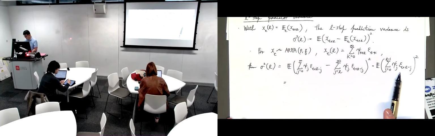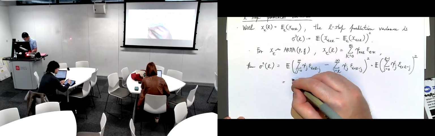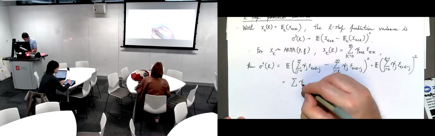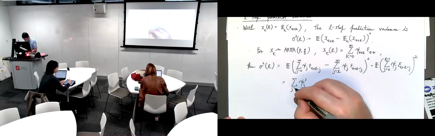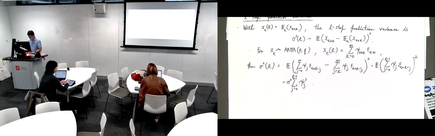And so the epsilons are IID, so the expectation of this square of a sum is the sum of the squared expectations. So it's the sum of psi_j squared, j from 0 to L minus 1, times the expectation of epsilon squared, which is just sigma squared. Okay? So you should at least be able to derive this L-step prediction variance, and look at the prediction to assess if this is good or not, okay?